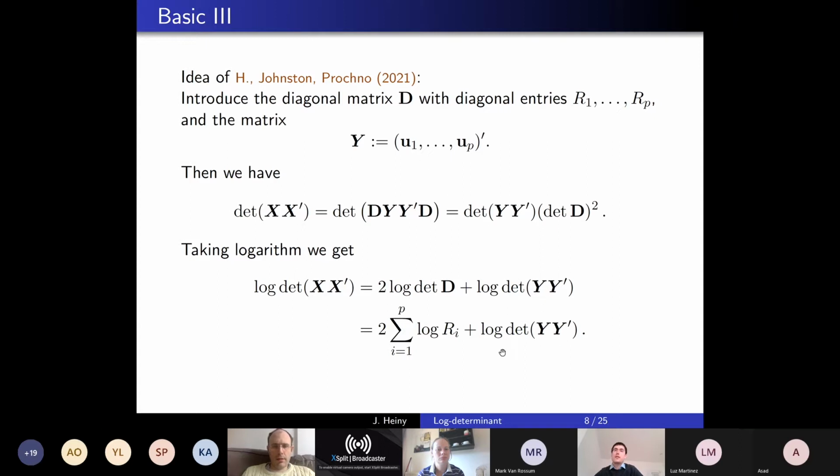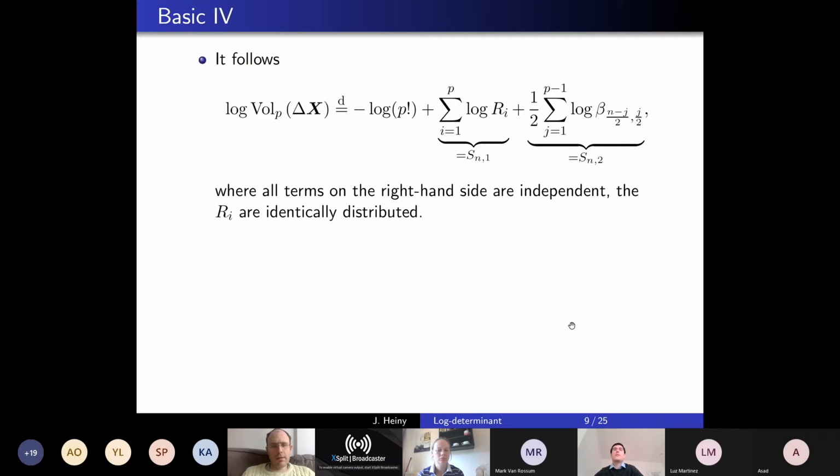And for the spherical case, we have seen a representation in terms of these log beta random variables before. So then it follows that this log volume can be represented as a sum of these, up to this constant here, sum of these two terms here.